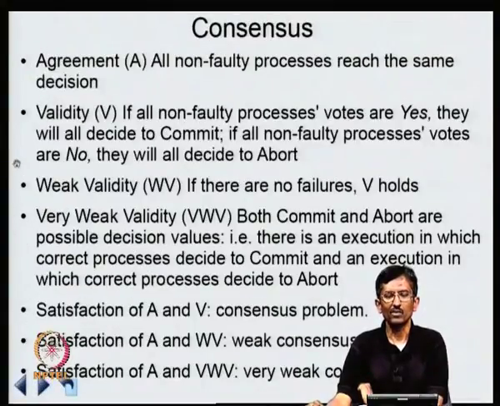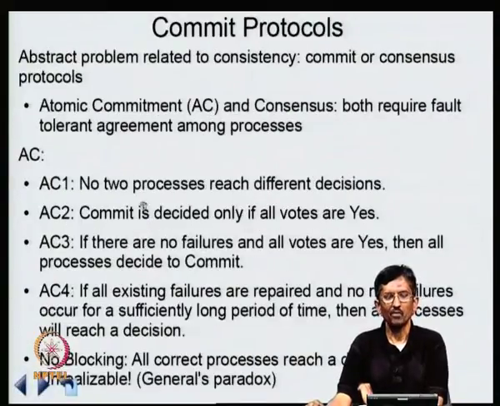There is also something called the consensus problem. In the previous case, we are not saying anything about what the faulty processes are doing. The faulty processes also have to say yes, which is a bit of a peculiar thing, whereas in the consensus problem we can exclude faulty processes.